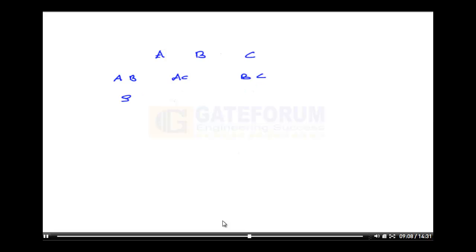Whenever I use a word like selection, it is a combination, meaning we do not consider the order. Whether you say AB or BA, it represents the same group. So whenever no importance is given to order, we consider it a combination. Now consider the same 3 groups, AB, AC, BC.